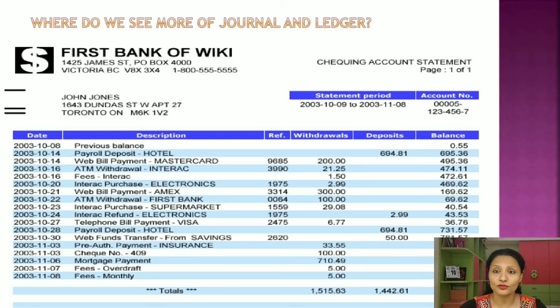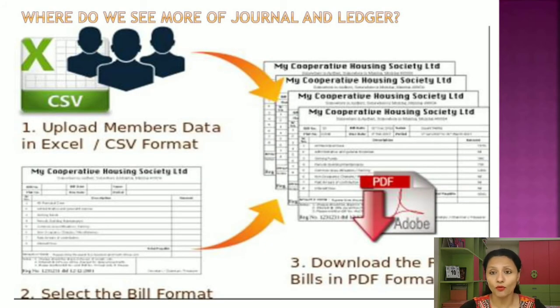Also, if you live in a housing society, a cooperative society, or even your local society where you have many flats and complexes, whenever your maintenance is due or any payment is due, they make a record that this amount is receivable from the member, and whenever you make a payment, they record it in their accounts.